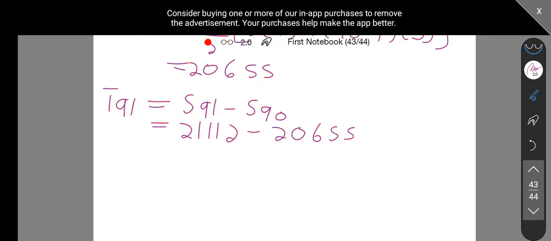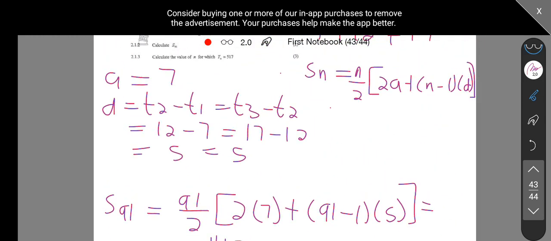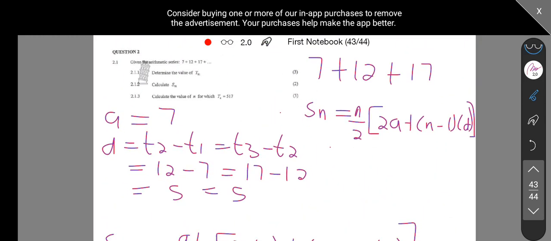And let's see what is the difference there. We're going to subtract to get the answer. The answer there is 457. So the answer is 457. That is T91.